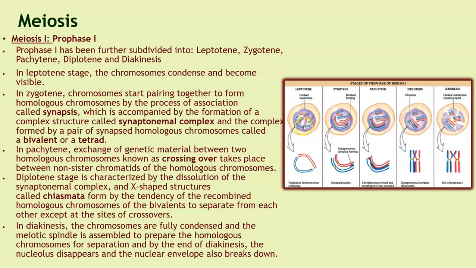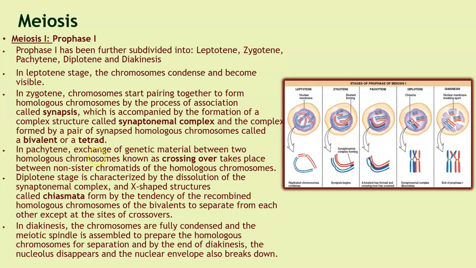You have the freely suspended genetic material which starts condensing in the form of chromosomes. In zygotene, chromosomes start pairing together to form homologous chromosomes by the process of association called synapsis, which is accompanied by the formation of a complex structure called the synaptonemal complex, and the complex formed by a pair of synapsed homologous chromosomes is called a bivalent or tetrad. So here you have this bivalent forming.